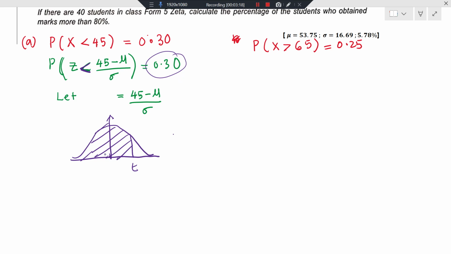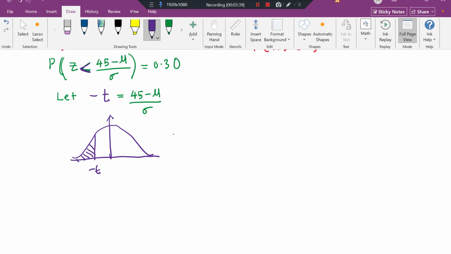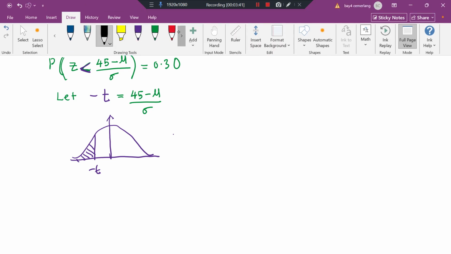Because it must be more than 0.5 if I put the T here and shade. So what I can do, I change the position of T to be negative T and then shade the left hand side. Yes, this is logical to be 0.30. Therefore, I let negative T equal 45 minus mu over standard deviation.